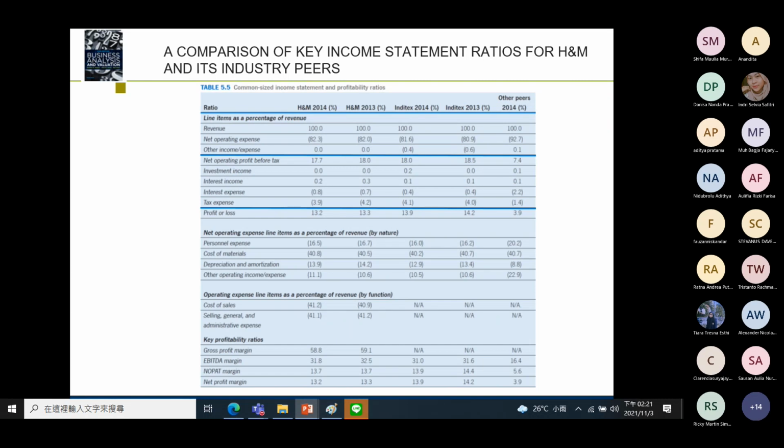A company's SG&A expenses are also influenced by the efficiency with which it manages its overhead activity.